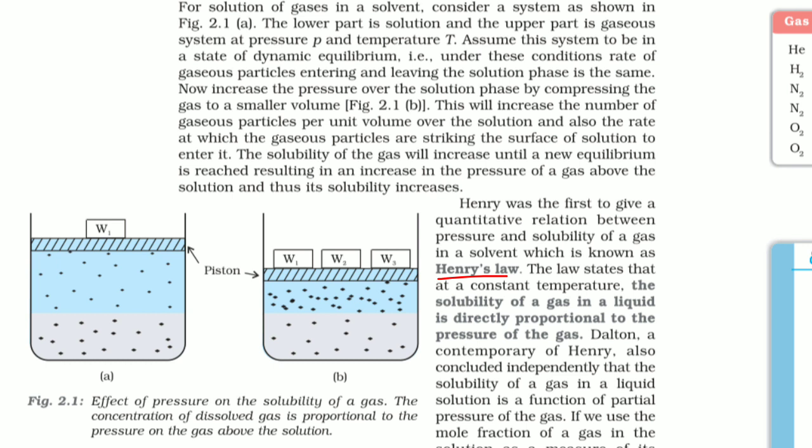He did this experiment and found that the solubility of a gas in a liquid is directly proportional to the pressure of the gas. That means if we increase the pressure, the solubility of the gas in a liquid will increase. It is directly related.